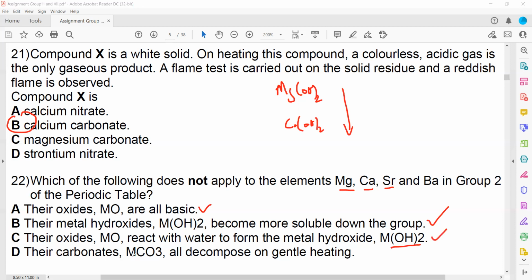But when you check their carbonates, all decompose on gentle heating. Means they can decompose at low temperature or small amount of energy. That's wrong. So which does not apply to these elements? D does not apply to these elements, as their carbonates need strong heating to decompose into metal oxide plus carbon dioxide. So not by gentle heating.